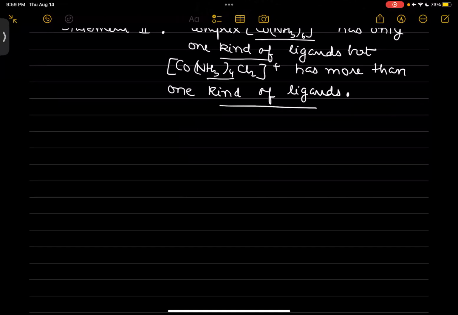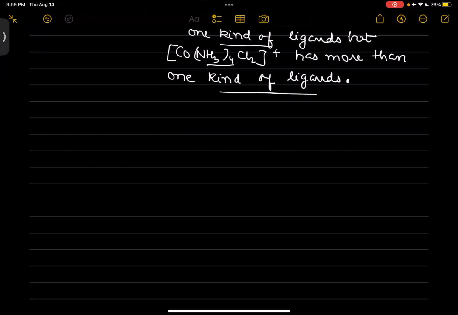Next question is very simple. Basically, it is the same ambident that we have already covered, and it is talking about the ethylene diamine tetraacetate iron.